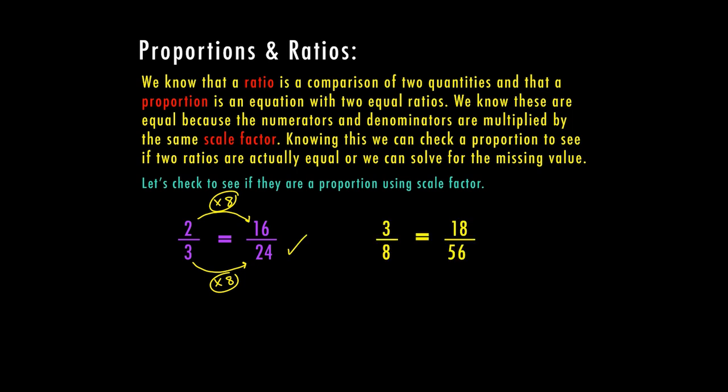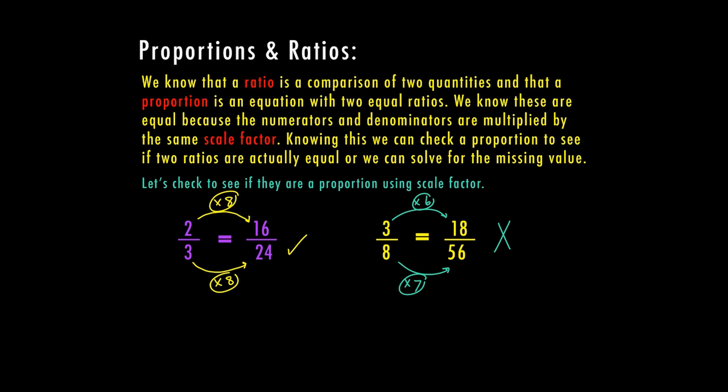So let's try another one. So this time we have 3 going into 18 and 8 going into 56. I know 3 times 6 is 18, and I know 8 times 7 is 56. Well, I can see that 7 and 6 are not going to be the same scale factor. So this one is not an equivalent ratio.